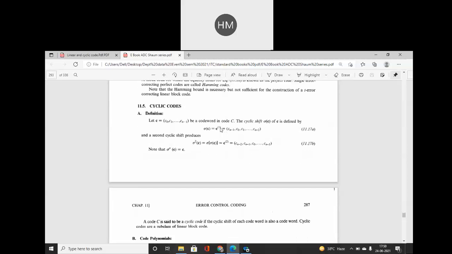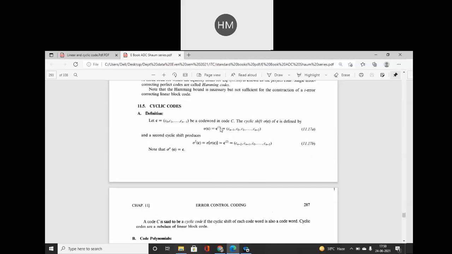Then we will discuss cyclic codes. So write down the heading as cyclic codes. See Hamming code, we have seen 7,4 codes. Everyone has made your table, all are having that table. For any code word generated, you can take the first code word generated, the first is always 0.